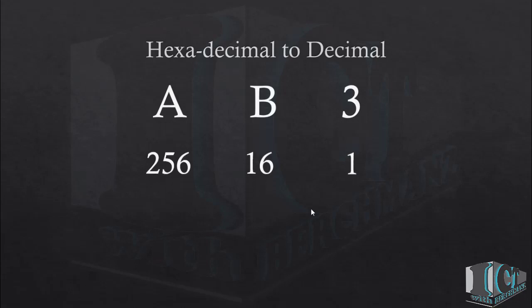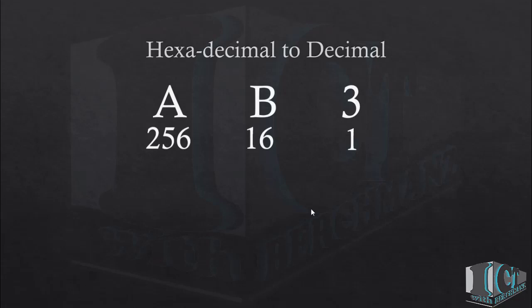Now I will have to take this off and multiply these two numbers. Remember, in hexadecimal, whenever we get an alphabet in the values, we have to convert it first into the corresponding decimal value. So A will be 10 and B will be 11.